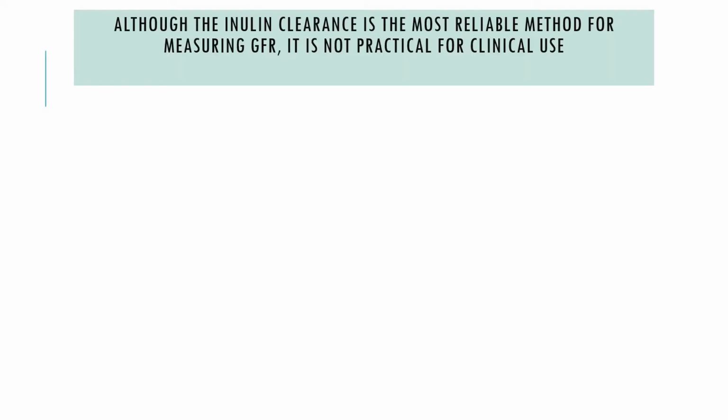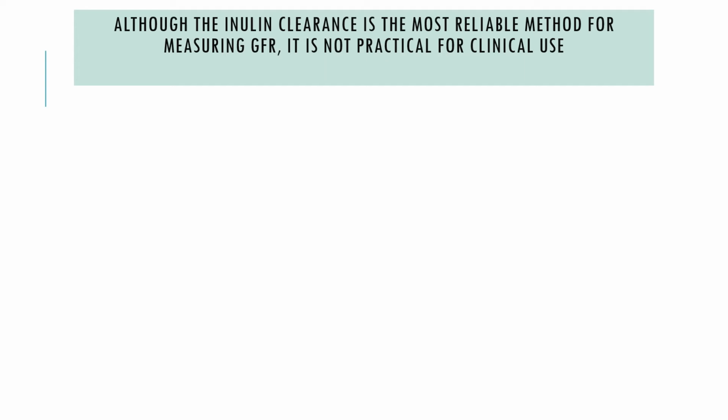Although inulin clearance is the most reliable method for measuring GFR, clinicians usually do not prefer inulin for the measurement of GFR, because inulin has to be injected and given by intravenous infusion.